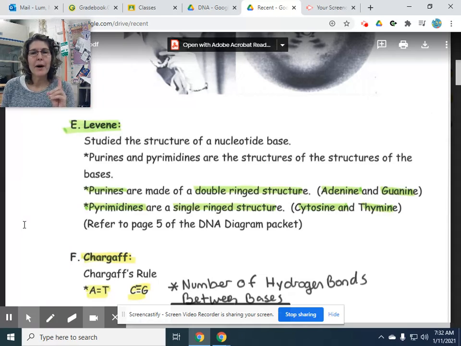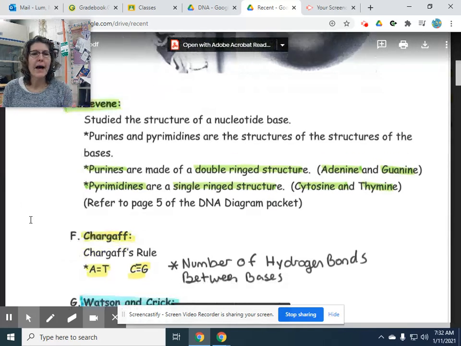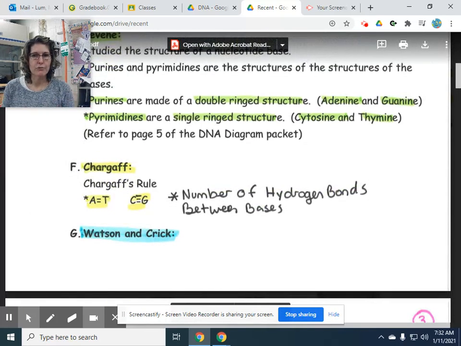Before we go on there, though, how do you know which ones go together? If one purine, one pyrimidine, why can't I put adenine with cytosine? There's one purine, there's one pyrimidine. We know adenine and cytosine don't go together. It's always A and T, and C and G go together. And the reason we know that is because of what is known as Chargaff's rules. Chargaff went through and came up with this idea: every time I see adenine, I see an equal amount of thymine within the structure.